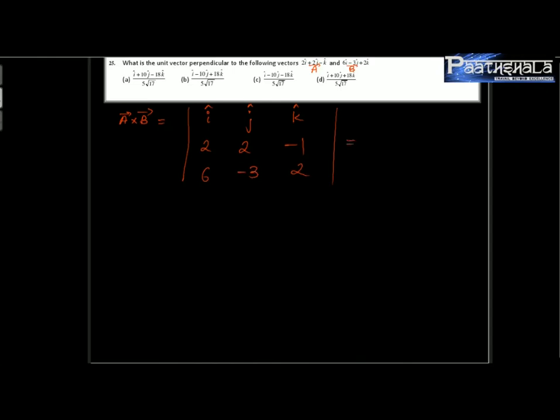So this is equal to I hat, 2 into 2 is 4, minus 3 into minus 1 is plus 3. So this is 4 minus 3, minus J hat, 2 into 2 is 4 and 6, so this is 10.